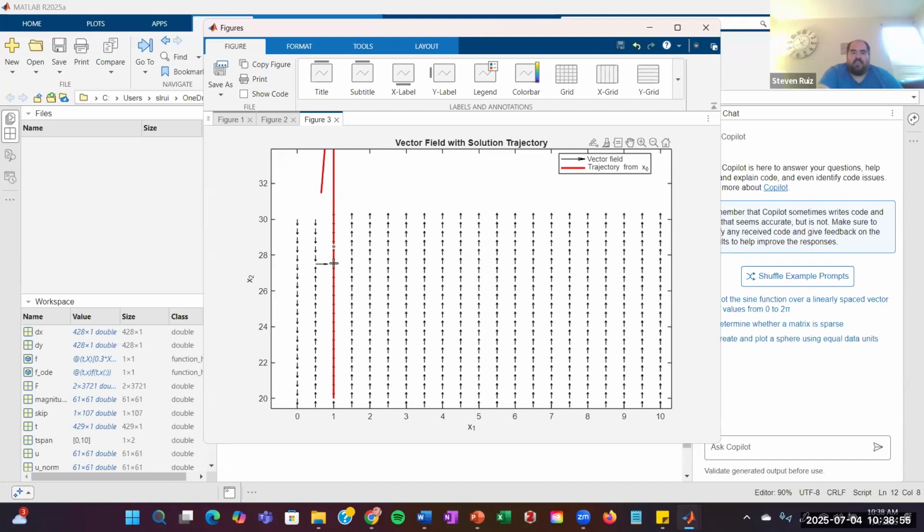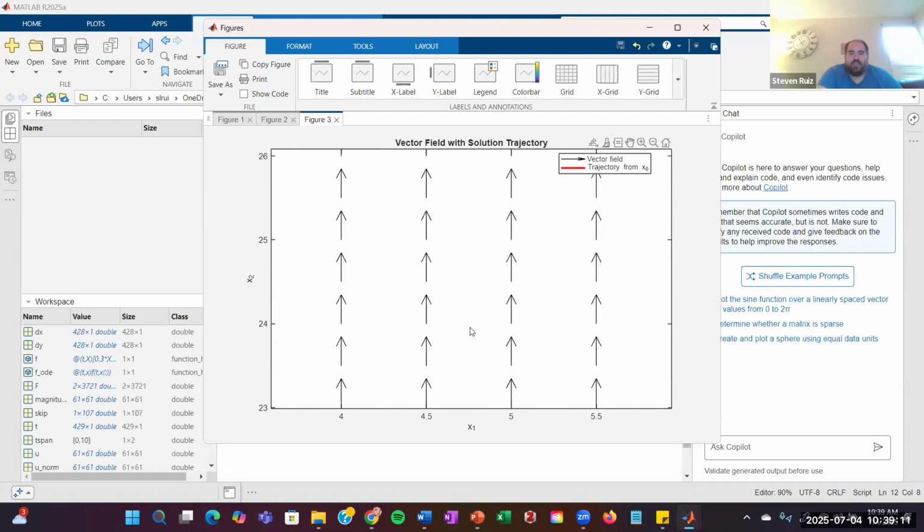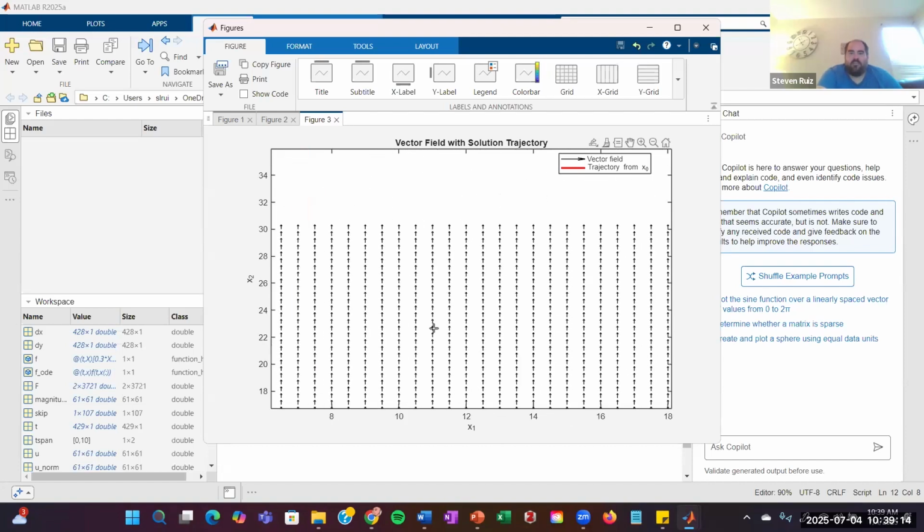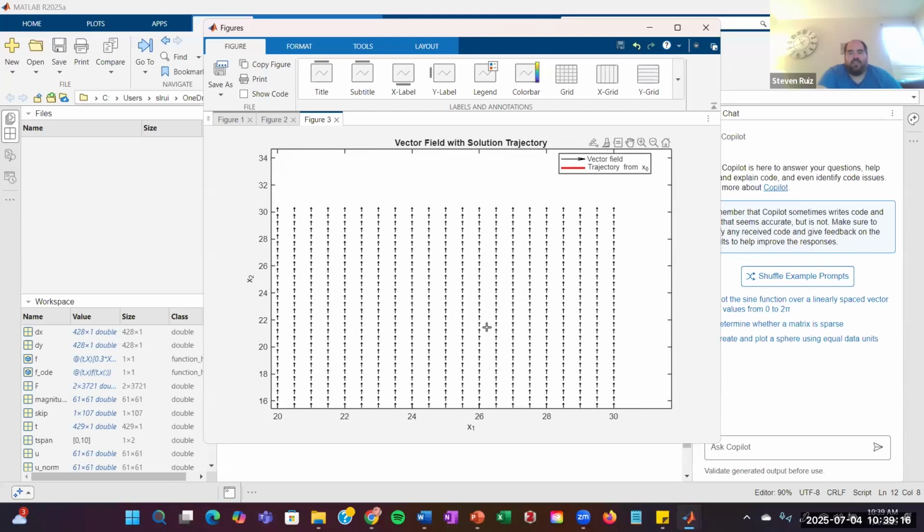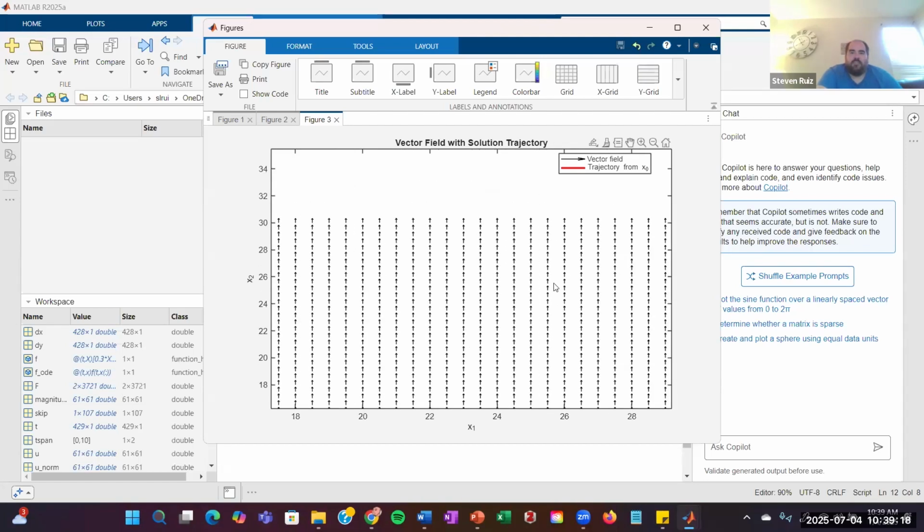It looks like at the condition I gave it, we see a great increase in the predator population. The prey population doesn't seem to be changed by much. At least it looks like it's totally overwhelmed by what's happening with the predator. It looks like dy/dt is much more significant than dx/dt.